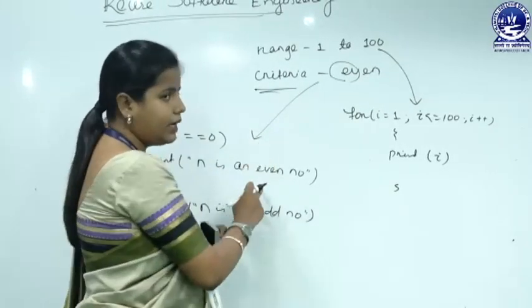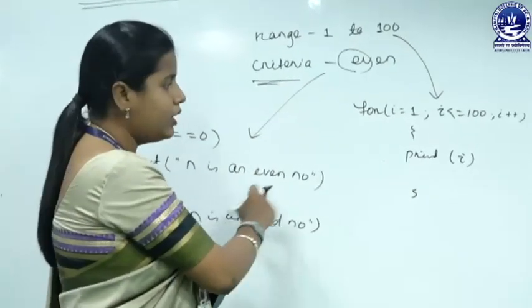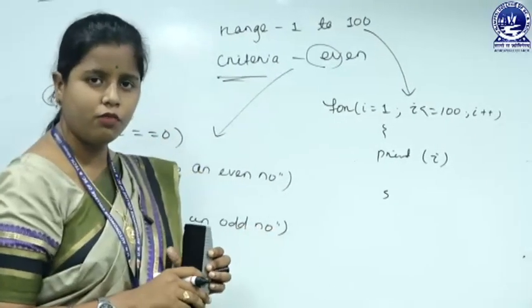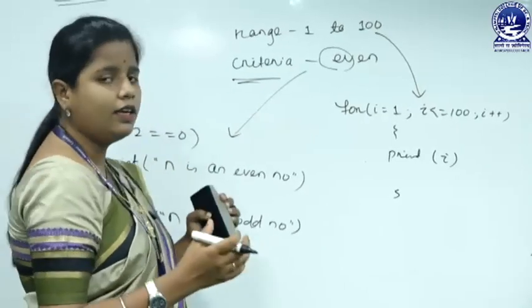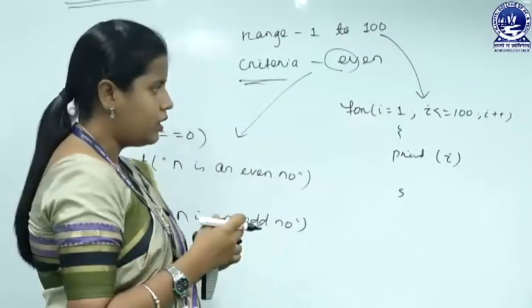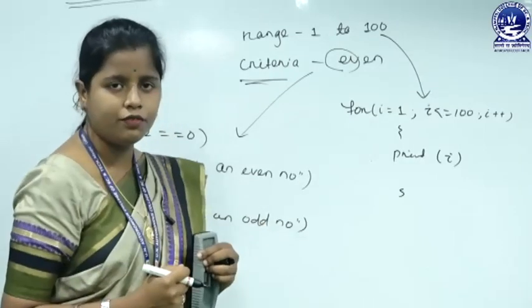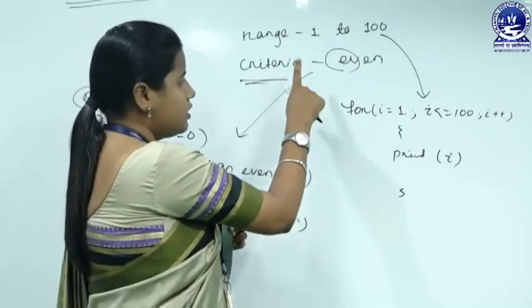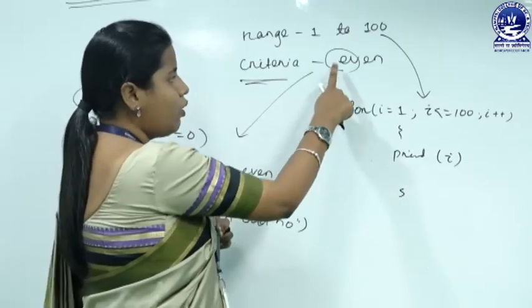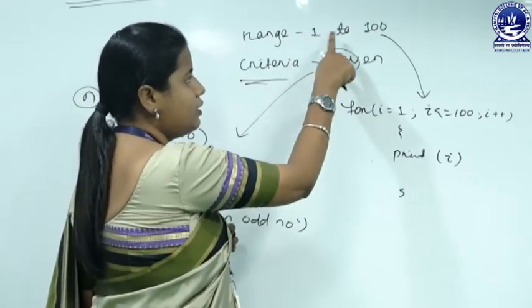Here we can check the even number, here we can print from 1 to 100. So, I can adapt these two codes, make some modification, and then I will get the program that prints all the even numbers present in 1 to 100.